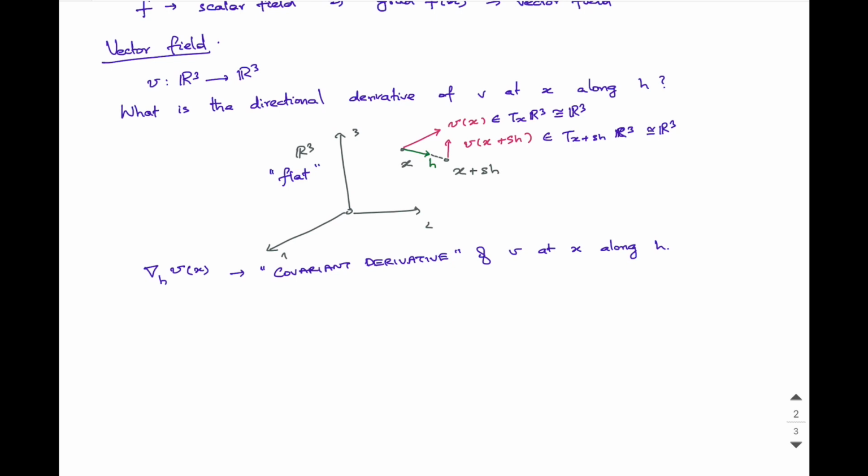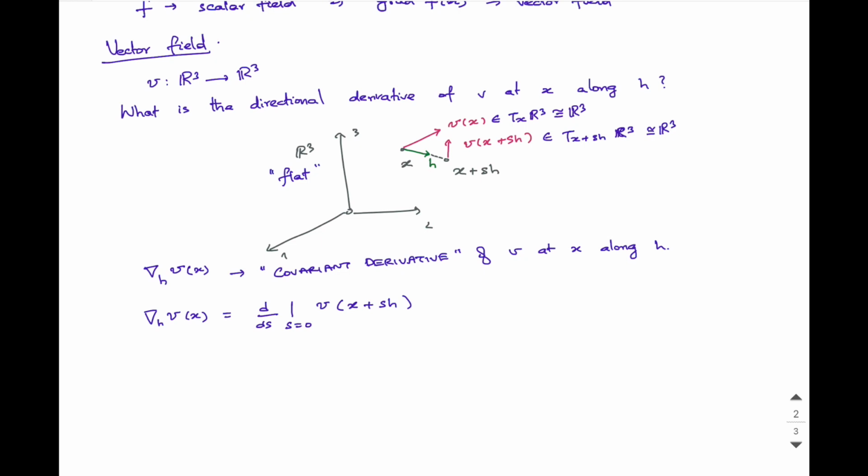Remember that this is nothing but the directional derivative. It's exactly the same thing, called the covariant derivative here. Based on the definition, remember we are interested in seeing how v changes as we move along the direction h by a small distance. So this is, by definition, the derivative at s equal to 0 of v of x plus sh. Again, notice that we are implicitly using the fact that the Euclidean space is flat. Otherwise, you cannot take this derivative.